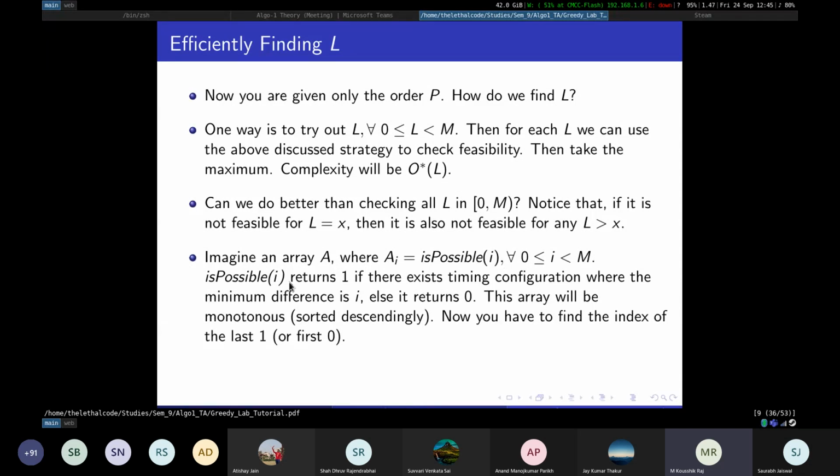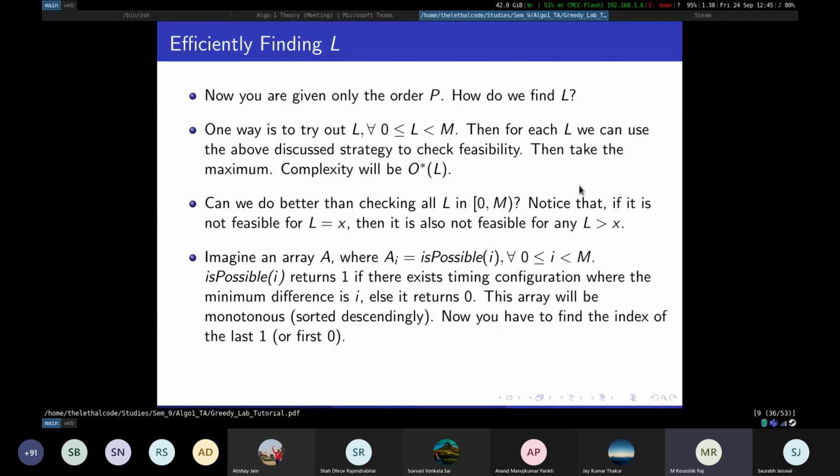That is, it returns 1 if there exists a timing, that is, you can assign the timings to customers such that for that particular P and i, you can assign the timings, or 0 if it is not possible. Then, from the previous property, the array will be some values of 1 and then some values of 0. Obviously, it will be monotonically decreasing: 1, 1, 1, 1, and then 0.